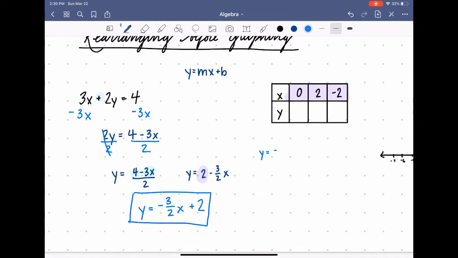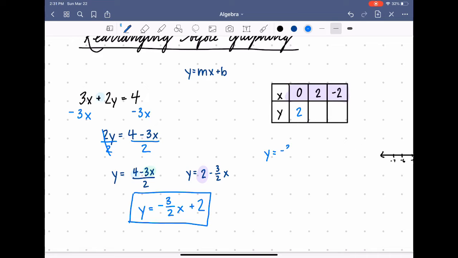So y equals negative 3 over 2, let's do the 0 first, times 0 plus 2. And let's solve. Y equals 0 plus 2, because 3 over 2 times 0 is just 0. So y equals 2 when x is 0. Okay, that's our first point. Now let me try it again, but this time I'm going to plug in the 2.